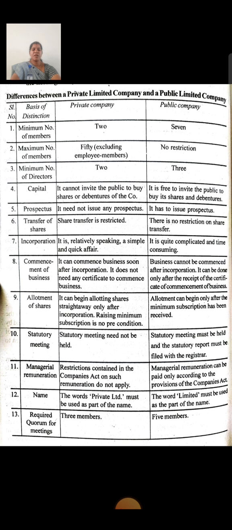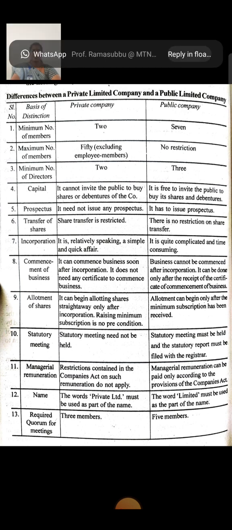The next one is allotment of shares. In a private company, shares can be allotted straight away after incorporation.